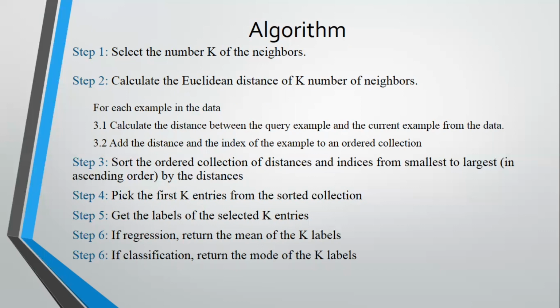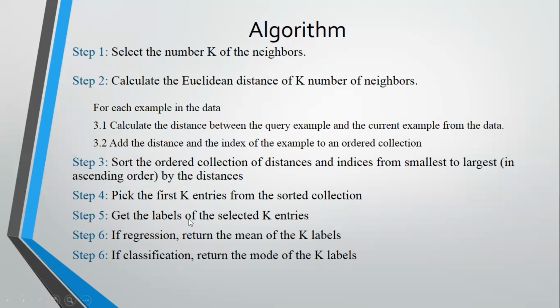After that, the next step is to sort the ordered collection of distances in ascending order. After finding the distances and assigning an index to all of them, we sort by index in ascending order. Now pick the first k entries from the sorted collection. These are the data values we use to find the class for the unknown-label data.